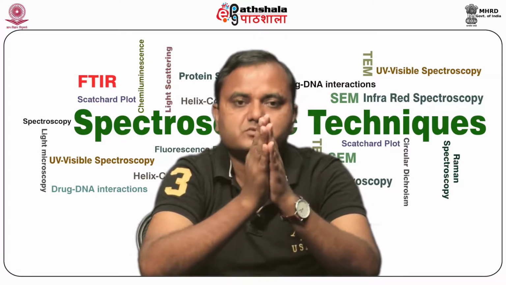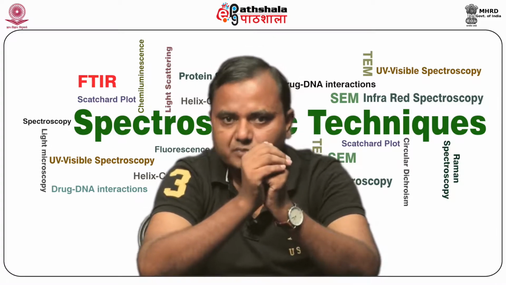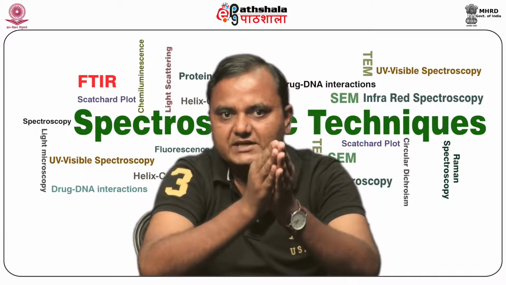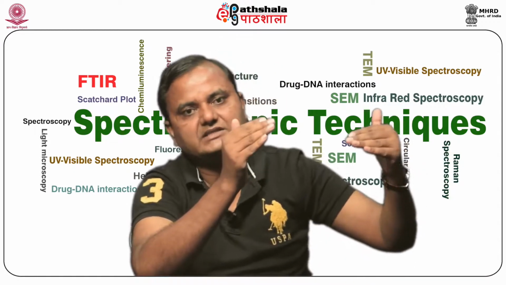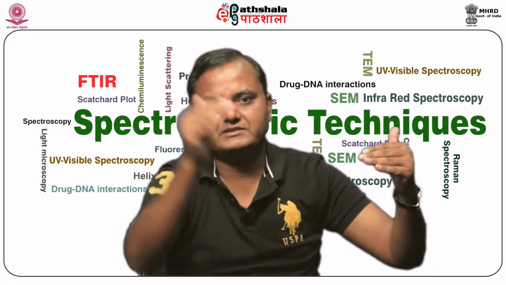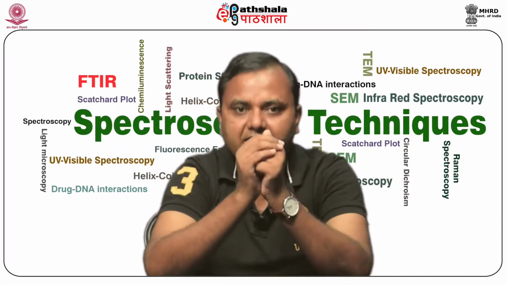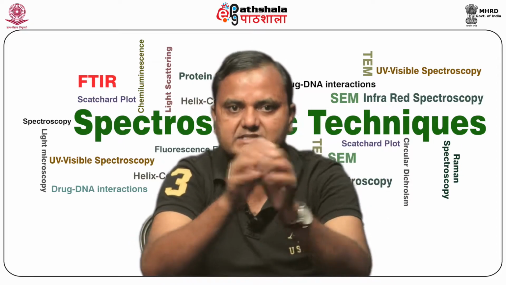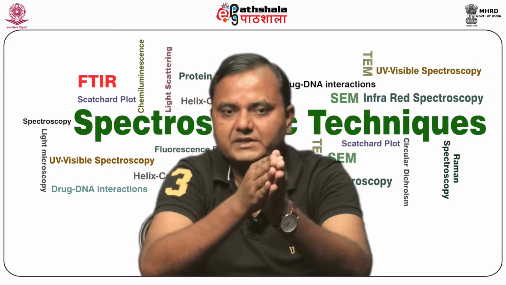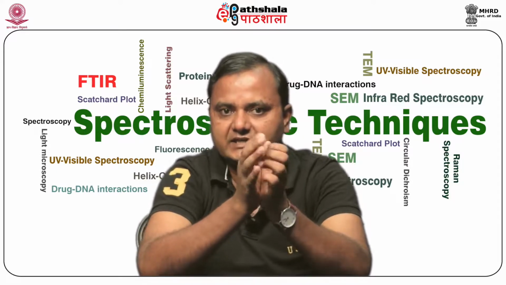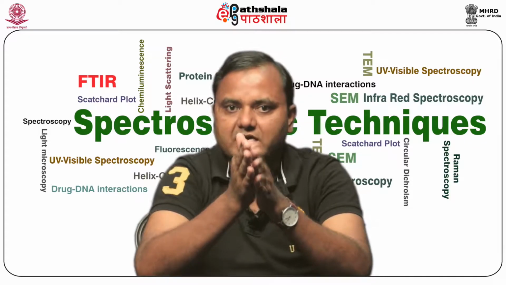and also it is used to estimate the Tm value, which is the melting temperature of the protein. The melting temperature is defined as the temperature where 50% of the protein exists in the native state and 50% exists in the unfolded state. And if the value of delta G is 0, it means the reaction is in equilibrium, meaning enthalpy delta H equals T delta S, so the entropy and enthalpy terms are equal.